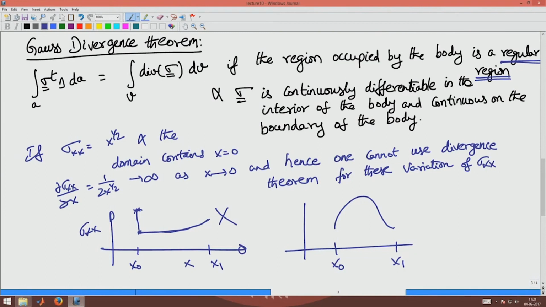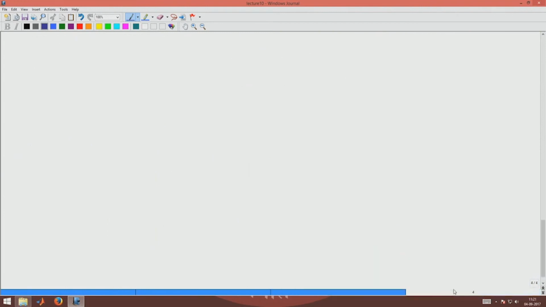Okay. So, next let us move on. The force that we computed was integral over V of rho b dV plus integrated over the boundary area T sub n dA.